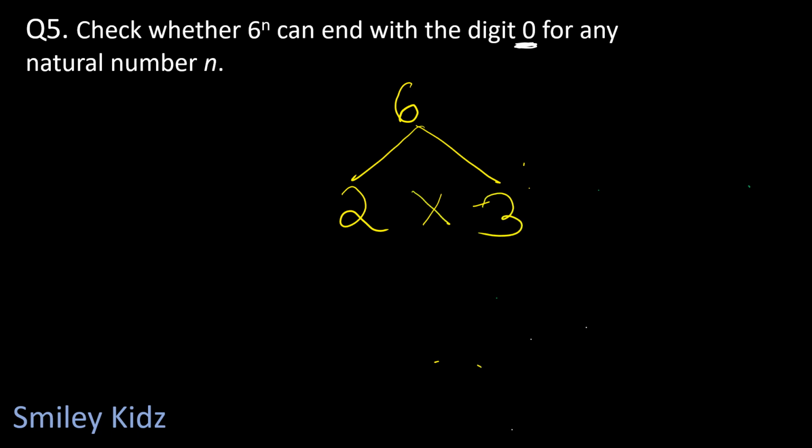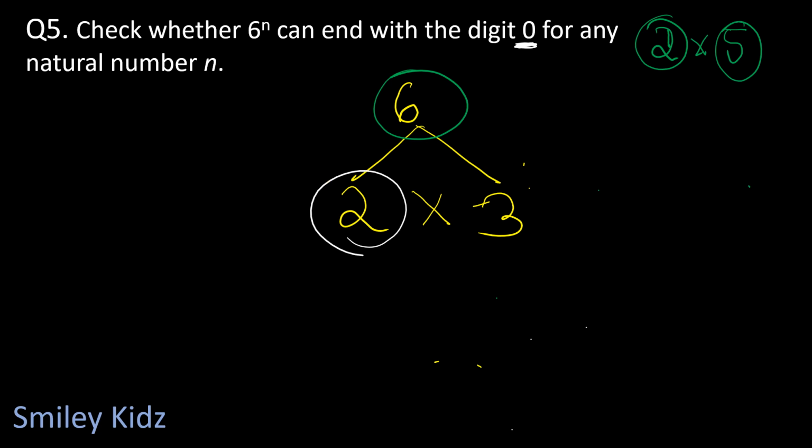But according to what we know, for any natural number n, 6 to the power n can never end with 0. That's because we know the fact that for any natural number to end with 0, we must have 2 and 5 as its prime factors. Now you might tell me that, okay, fine, we have 2 as a common factor.